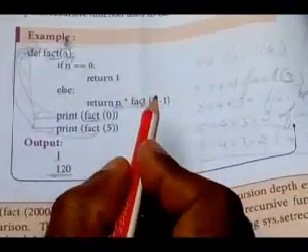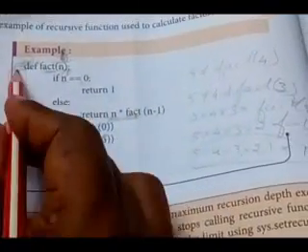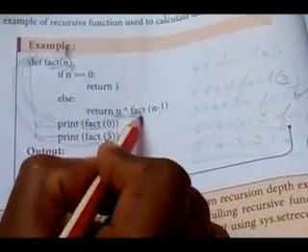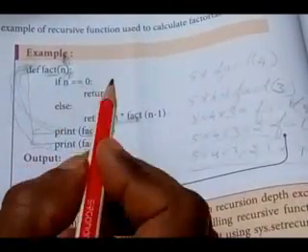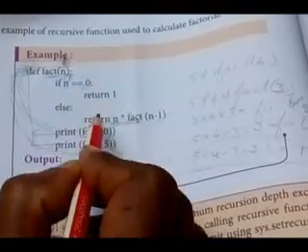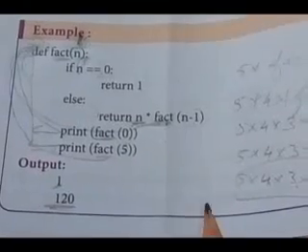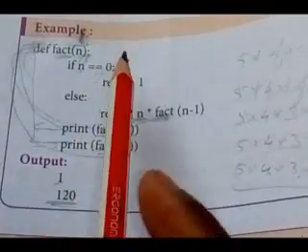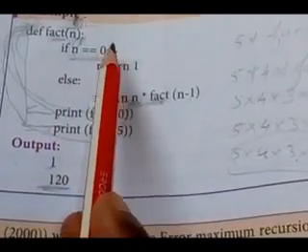Understand? Here the same function is called repeatedly, again and again. That's why it is a recursive function. Each and every recursive function has a limit. Here the limit is this one, the base condition.